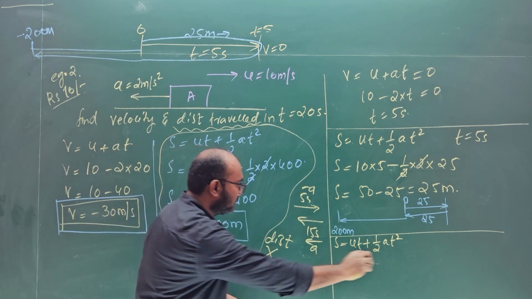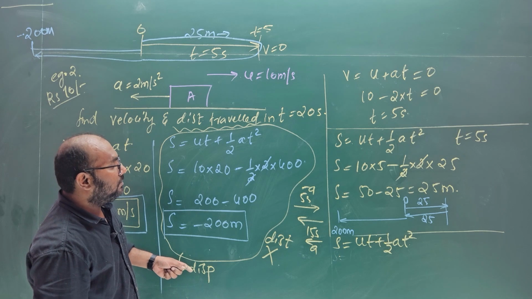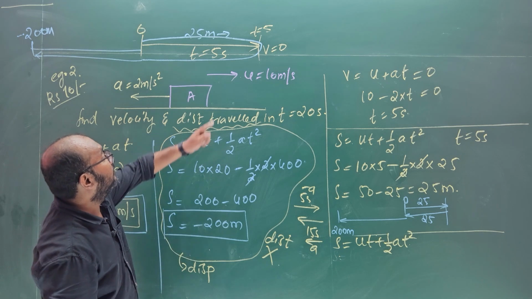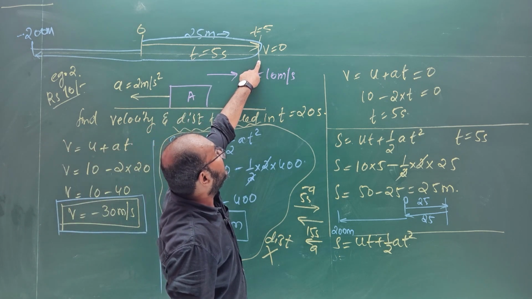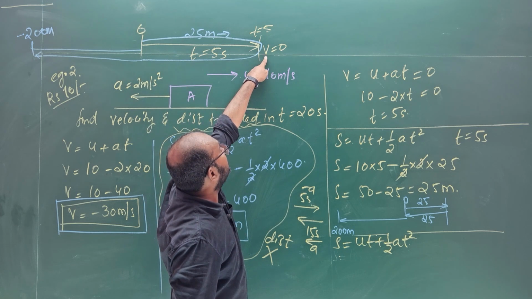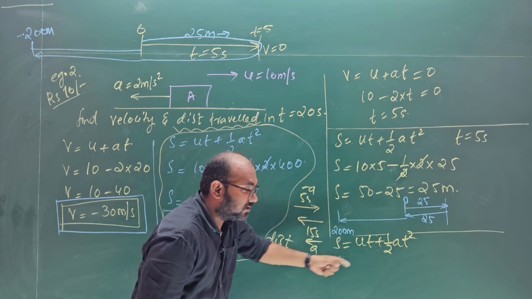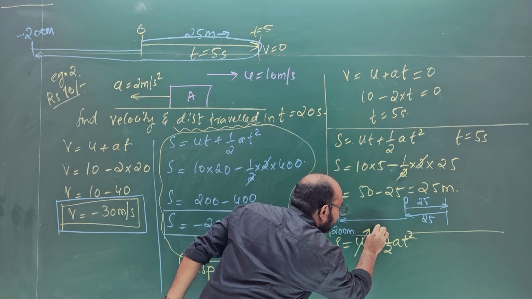Okay, now complete this, I will do the answer. Again using this equation. Now when the body is retracing, what is the velocity at this point? 0 now. So in this direction, initial velocity is 0, final velocity we don't know, but we don't require final velocity at all. So initial velocity in the returning direction is 0.